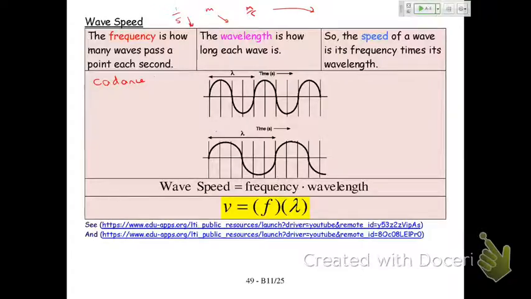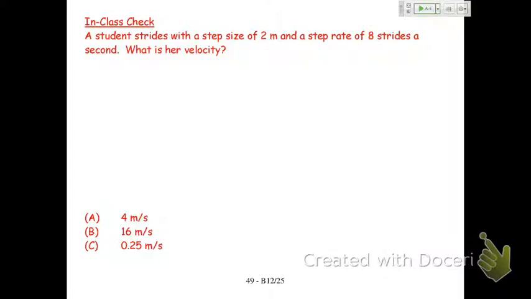And so I get this fundamental equation, which again is burned into my skull, which is v equals f lambda. That's going to come up all this semester, that's for sure, but it's going to come up for years. A student strides with a step size of 2 meters, so my wavelength is equal to 2 meters, and steps at a rate of 8 strides per second, so frequency equals 8 hertz.